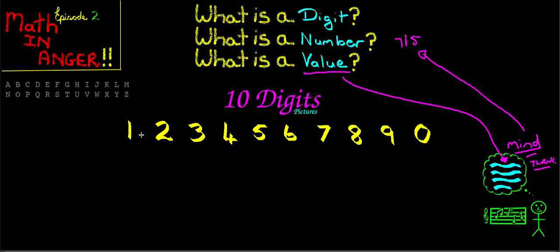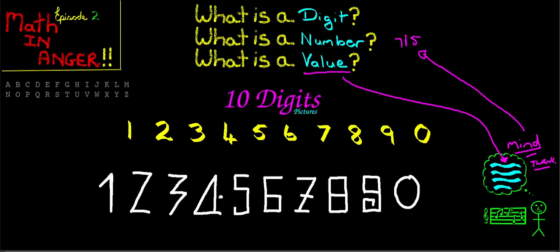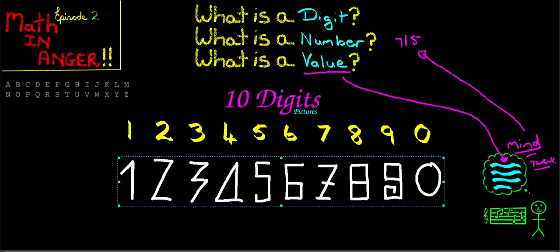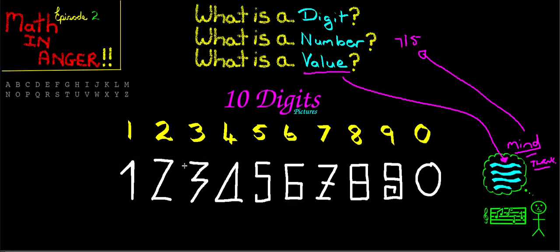We didn't just thumbsuck these pictures out of nowhere. They have a history and a meaning. And this is how we used to draw them. And yeah, when you look at it, you can say, but hold on a second, these things look pretty much the same. What's the difference?